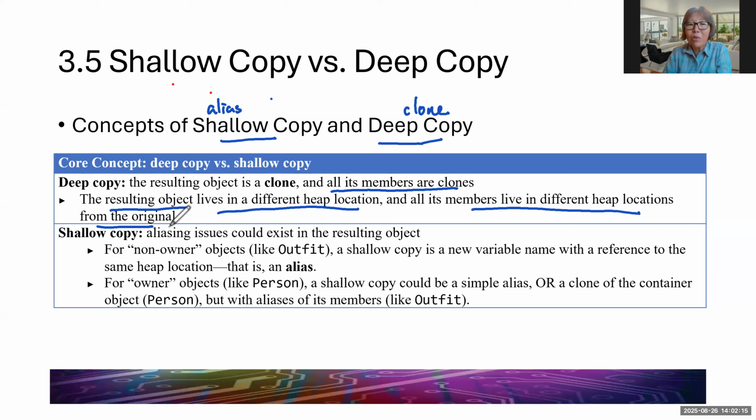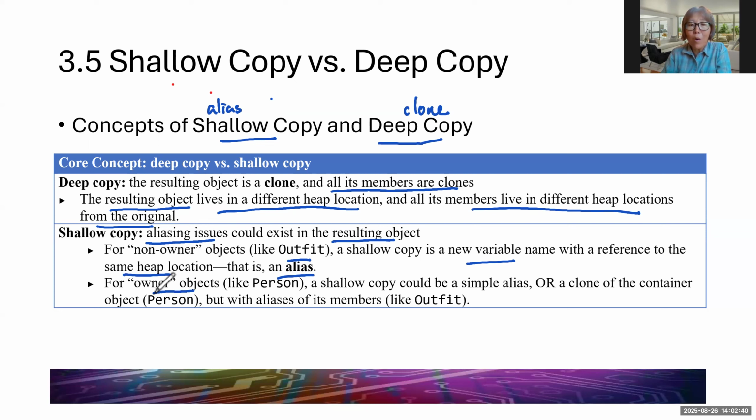Shallow copy can cause aliasing issues for the resulting object. For a non-owner, like the outfit, a shallow copy is just another variable name pointing to the original. So it's an alias pointing to the same heap location.